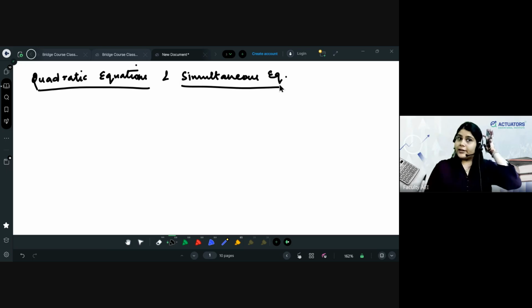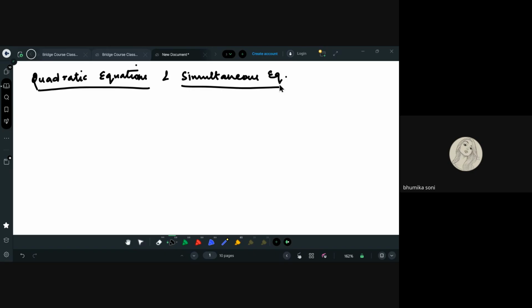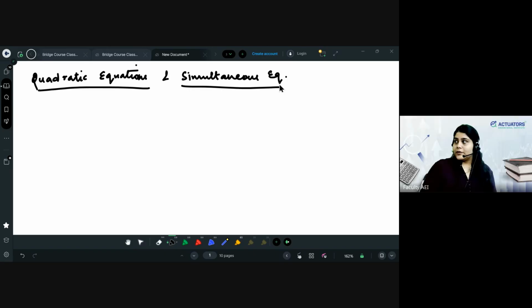Starting with quadratic equations. What are quadratic equations? The polynomial highest power is 2. Okay. Polynomial equations with degree 2, highest power is 2.